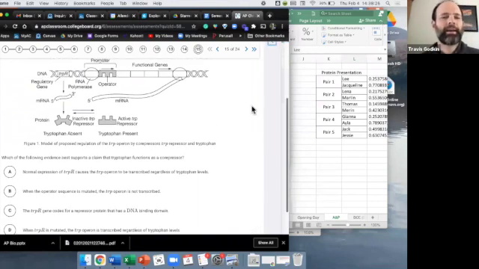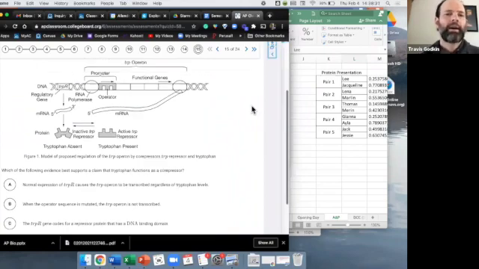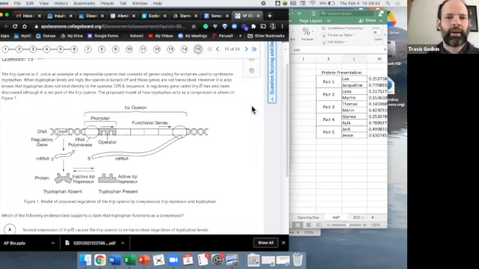Okay. So this one was probably a little bit more difficult, I'm guessing. Basically, you have the operon here. It describes how it works. It's an example that the trp operon is a repressible operon, so it's normally on, but then something works to turn it off, right? So its default state is on.